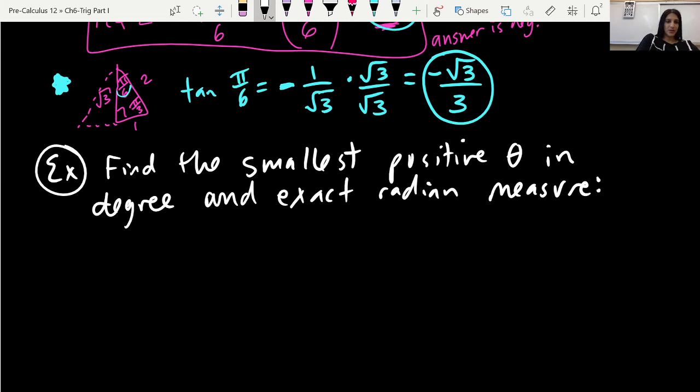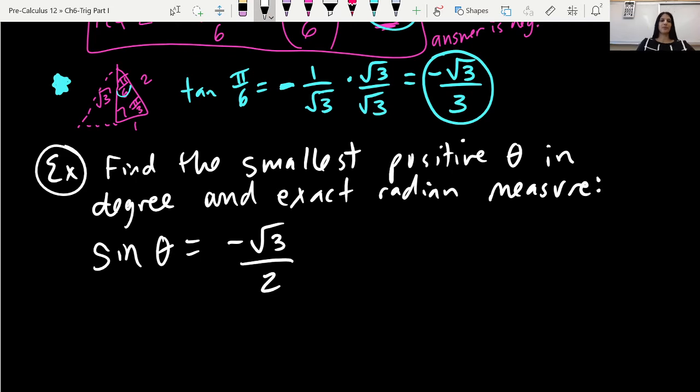Okay, so for the first one, we have sine of theta equals negative root 3 over 2.